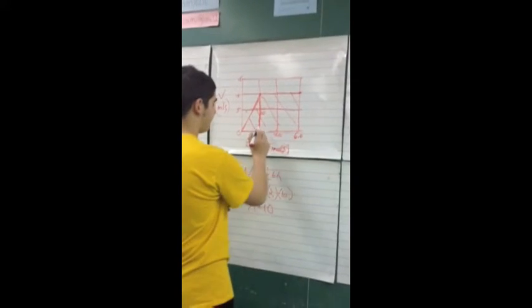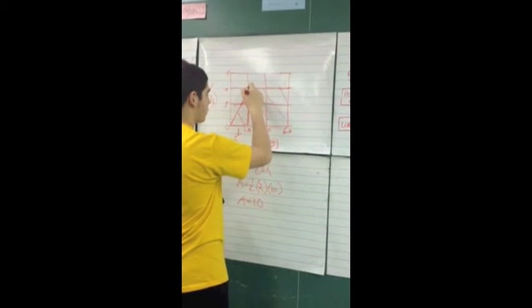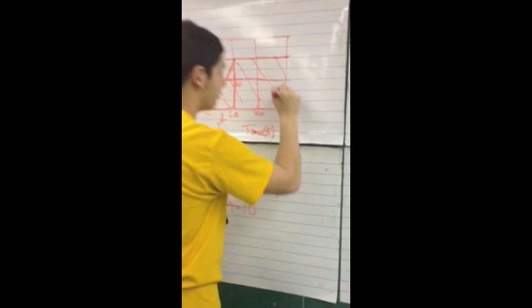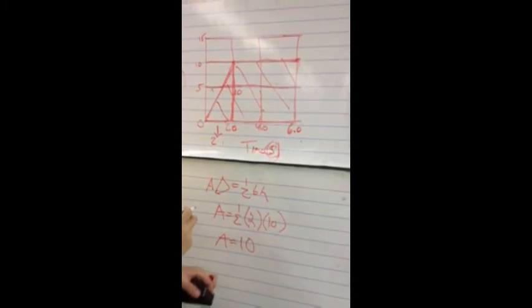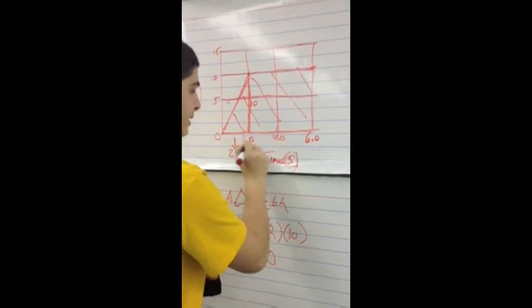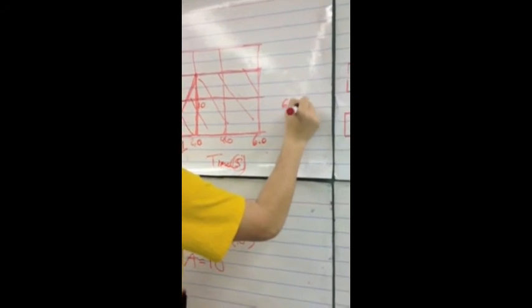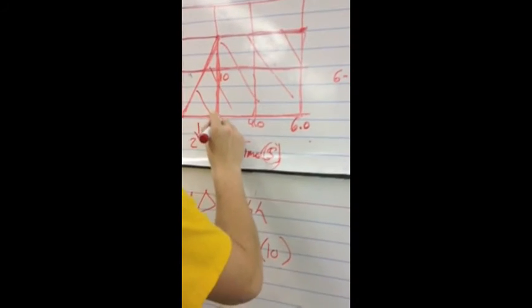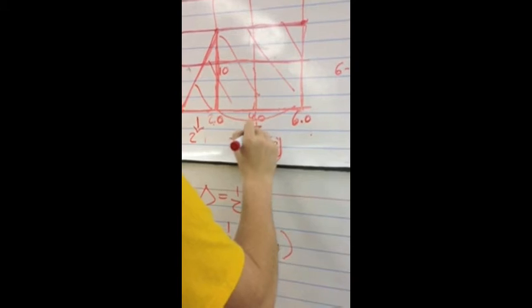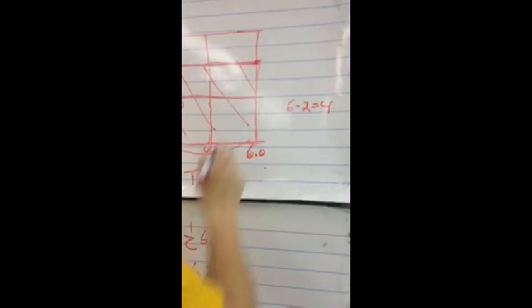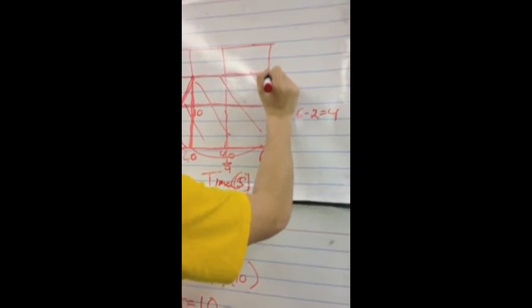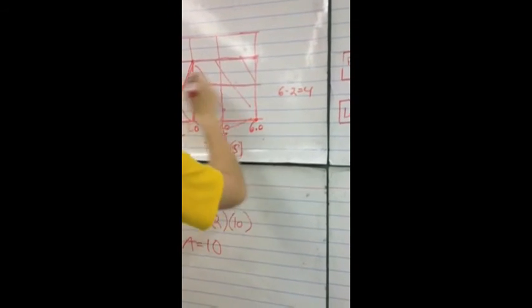Next, you have to find the area of this square, or in this case a rectangle. It's between 2 and 6, and 6 minus 2 is equal to 4. The height from here to here is 10.